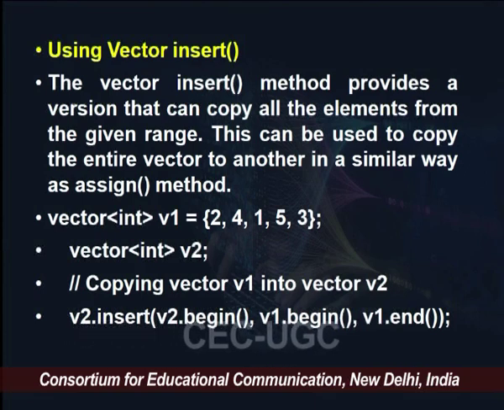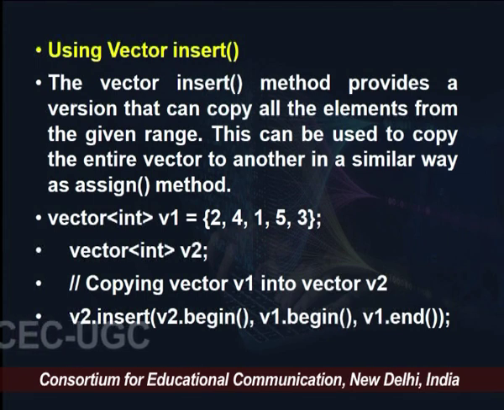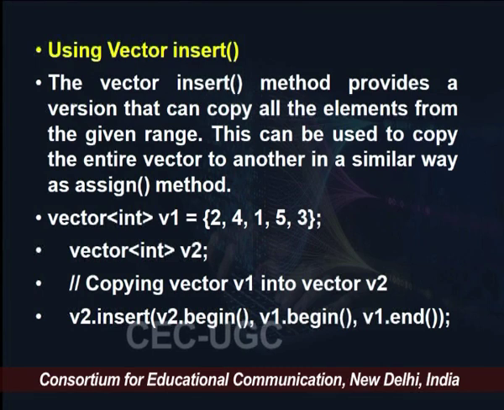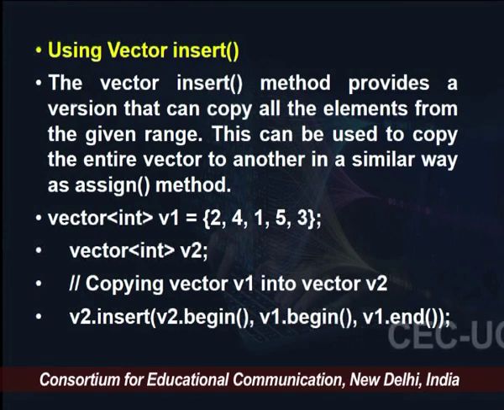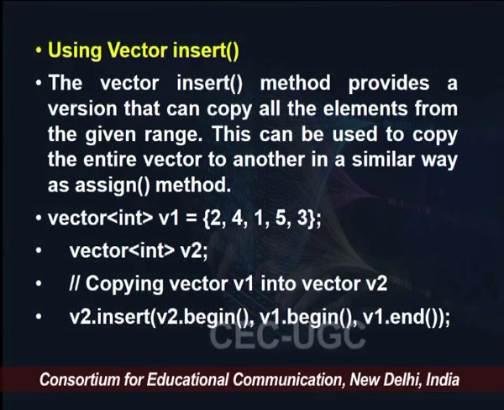The first parameter, v2 dot begin, is the position from where the copying is going to start, and v1 dot begin to v1 dot end is the range which is to be copied. So, this range, which is parameter number 2 and parameter number 3, is to be inserted into v2 from the iterator v2 dot begin.